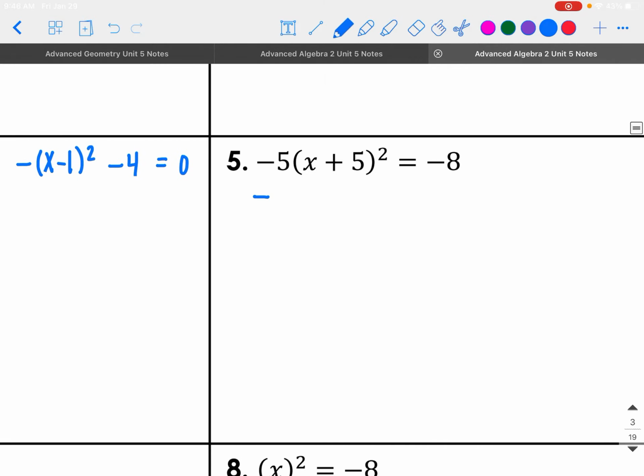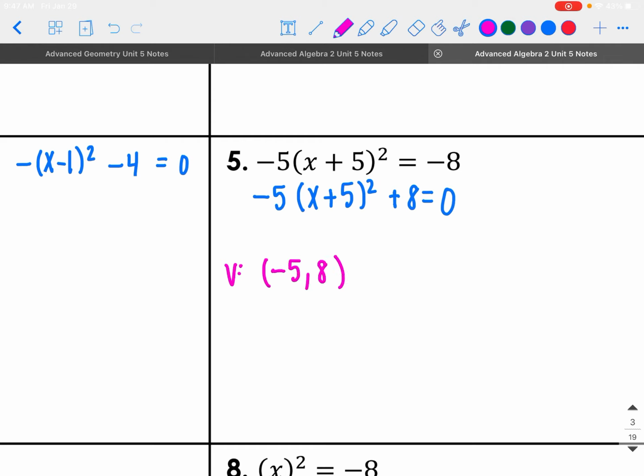Number 5, we need to rewrite this. Negative 5, (x plus 5) squared. Since this is minus 8, I need to add 8 to both sides. So negative 8 plus 8 is 0. So my vertex is negative 5, 8. My axis of symmetry is x equals negative 5.